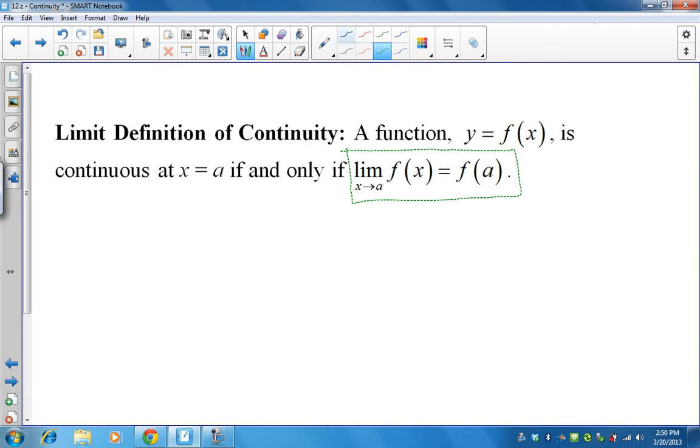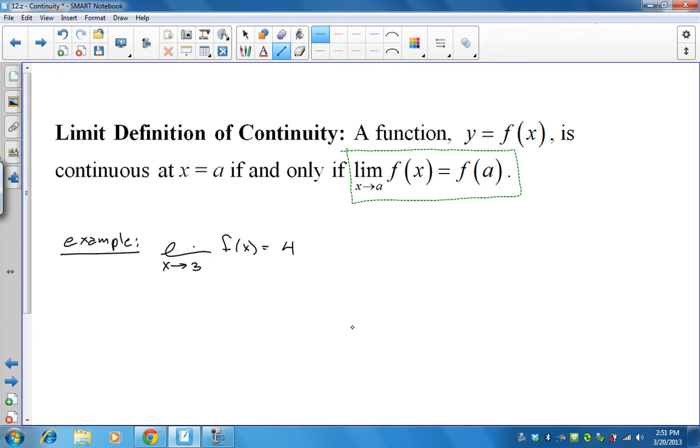Now that doesn't make a whole lot of sense because it's weird unknown functions and stuff. I'm going to put in a number. So let's just say, for example, instead of x approaching a, let's say I knew that the limit as x approached 3 of some function, I don't know what the function is, was 4.